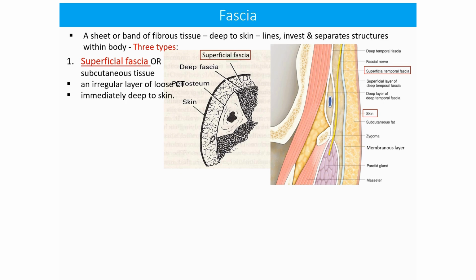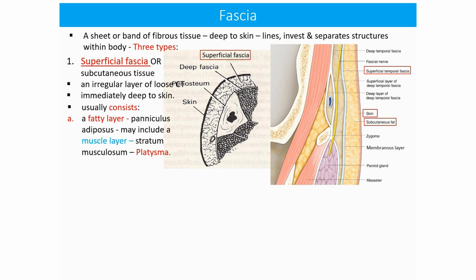First, the superficial, which is also named as subcutaneous tissue, is an irregular layer of loose connective tissue located immediately deep to skin and usually consists of: number one, a fatty layer, which is also named as panniculus adiposus. This layer may include a muscular layer. Then it is named as stratum musculosum, and the example is platysma, which is present in upper part of the chest and in the neck.